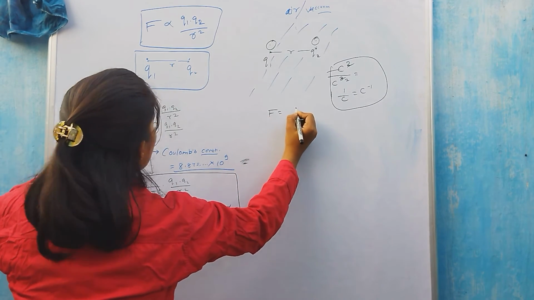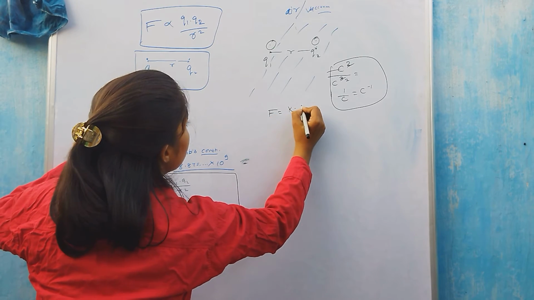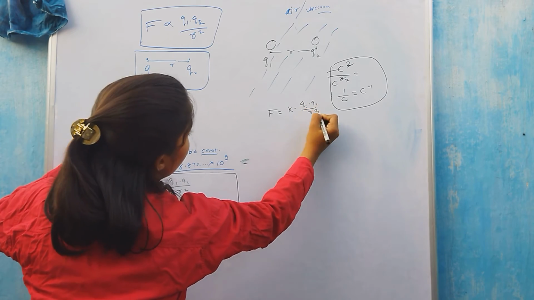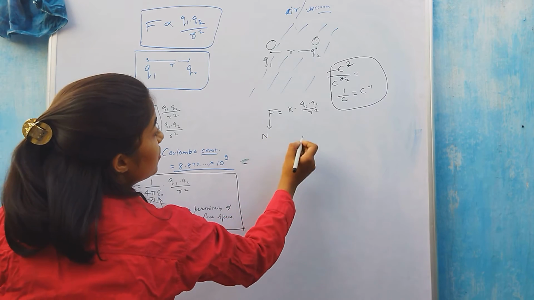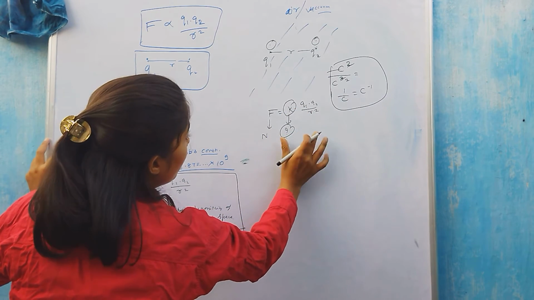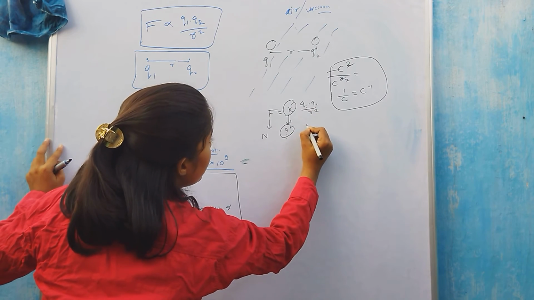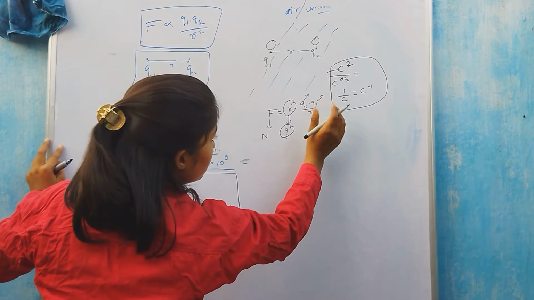Then F is equal to k q1 dot q2 divided by r square. What is the unit of force? That is Newton. And we have to find the unit of k. Okay. From here we can easily see q1 and q2. What is the unit of charge?